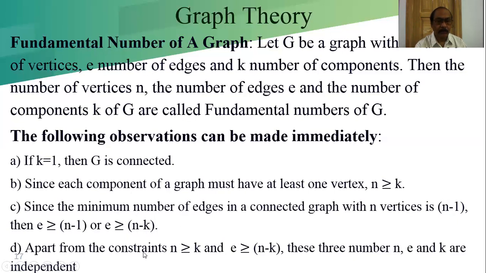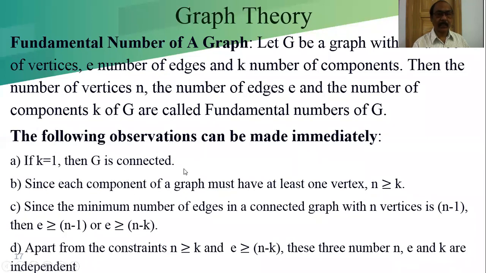Apart from the constraints n greater than or equal to k and e greater than or equal to n minus k, these three numbers n, e and k are independent. So we have to remember this.